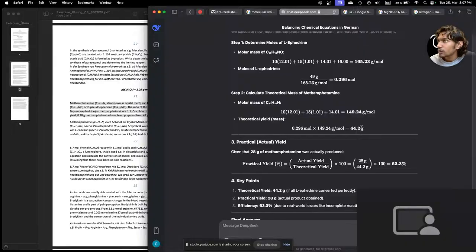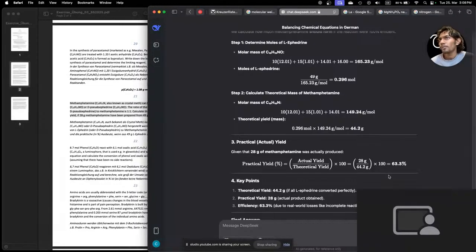This should be the mass of methamphetamine you should get, but this is what you get. So percentage yield is actual yield divided by theoretical yield.